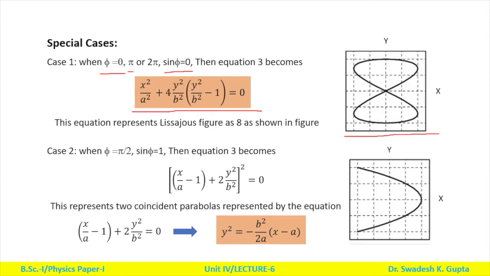Now if we put phi is equal to pi by 2, then sine phi will be 1, and then equation 3 will reduce to this equation, and this is the equation of a parabola, as you can see here in the figure.